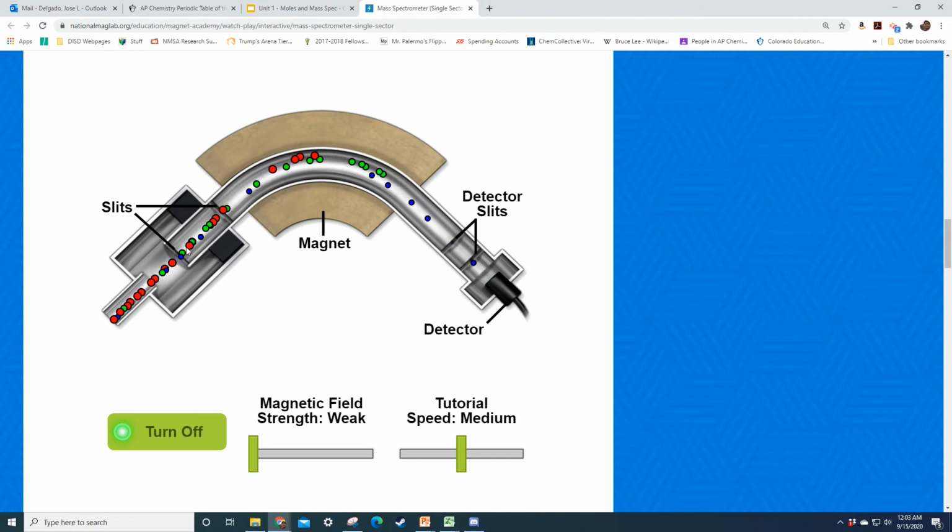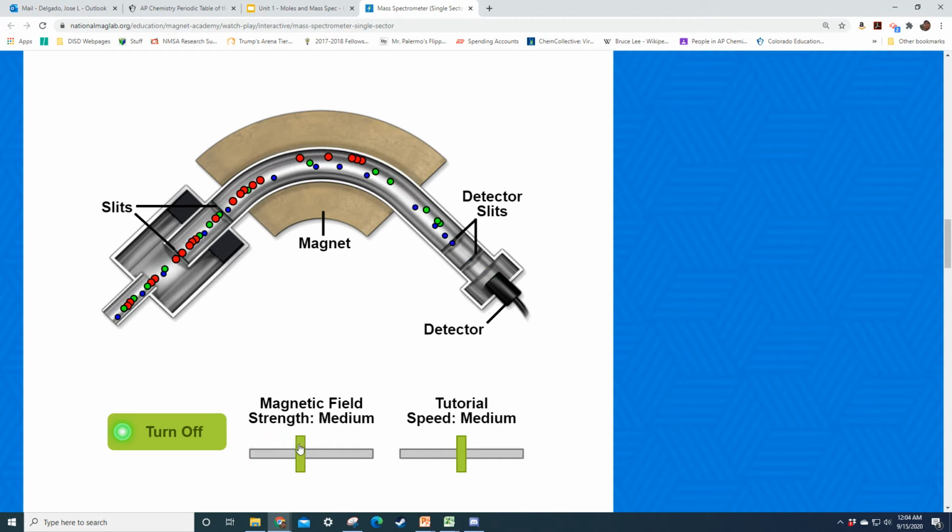The magnet's not strong enough to cause the red ones to bend, so they're hitting the wall before they can bend. The green ones are bending, but not enough to go into the slits, which are in the middle here. So they're hitting the wall of these little slits.